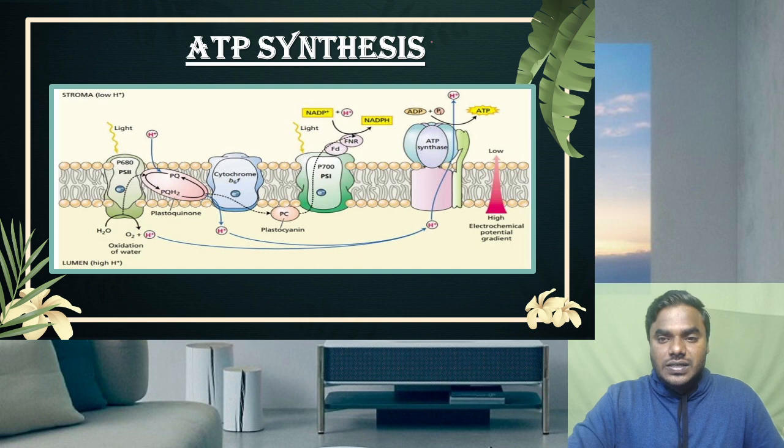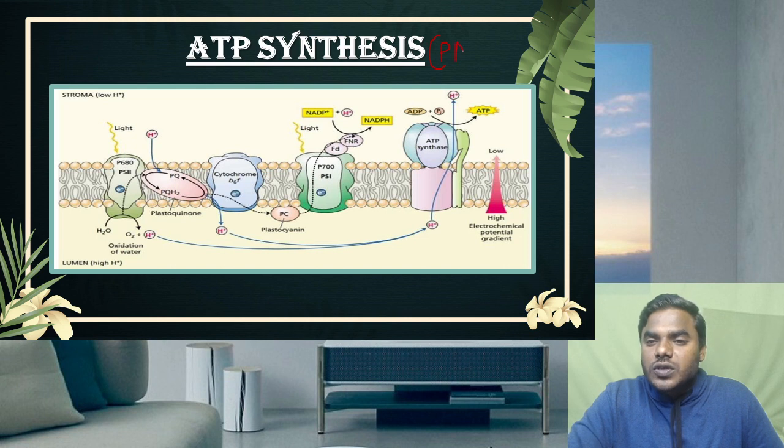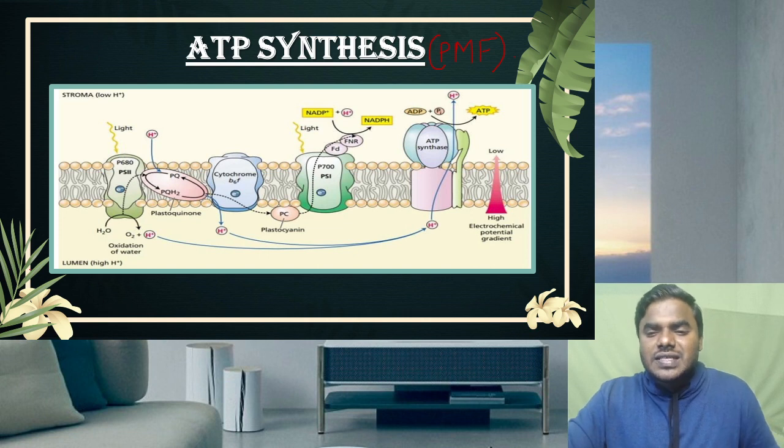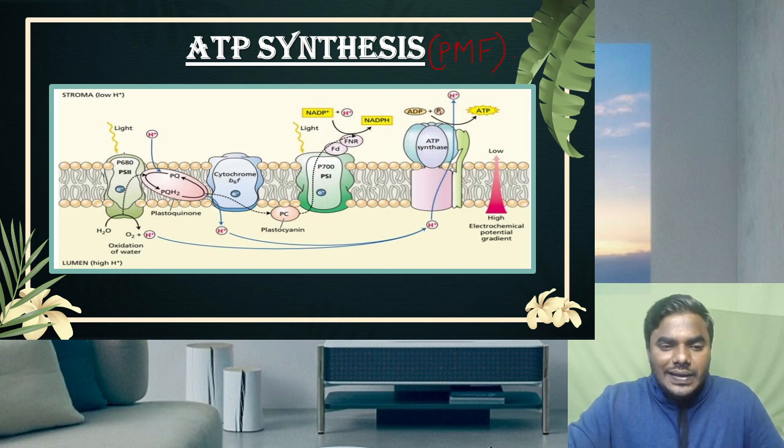ATP synthesis. Everyone remember, ATP can be synthesized by a force which we call the proton motive force. Don't be confused, I will explain in a simple way. Listen carefully. P680, the electron acceptors, PS1, the ATP synthase enzyme.